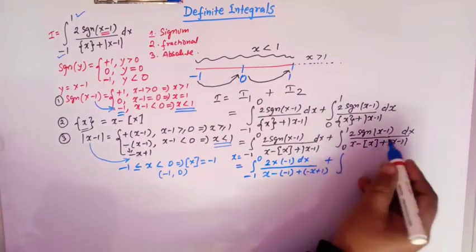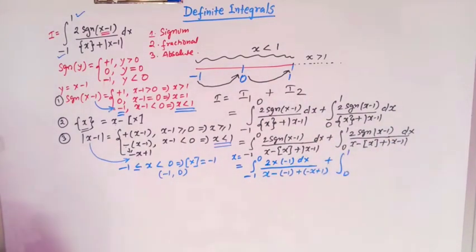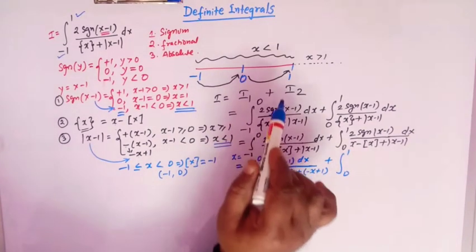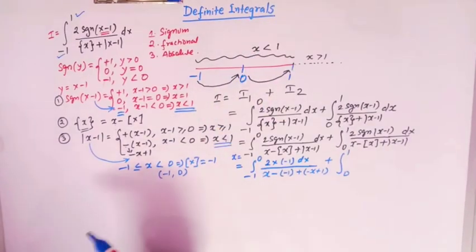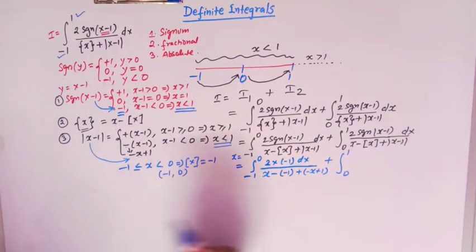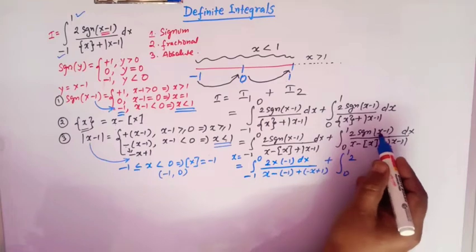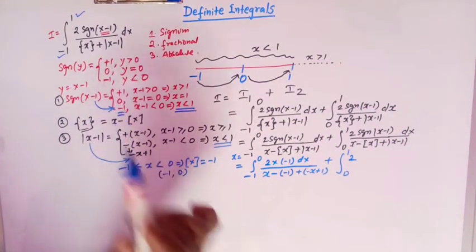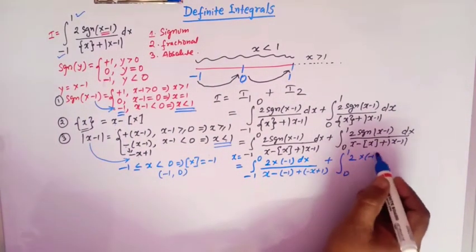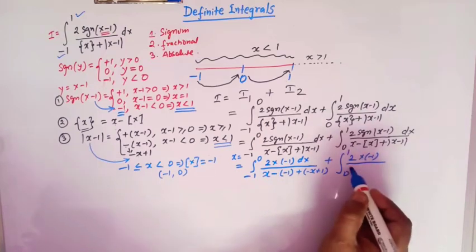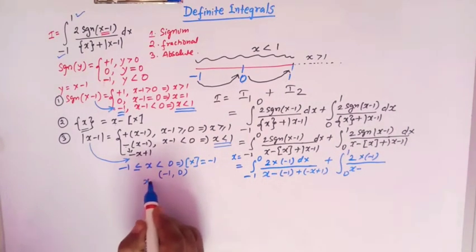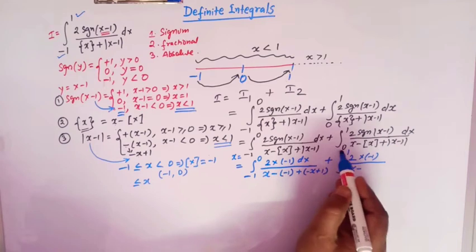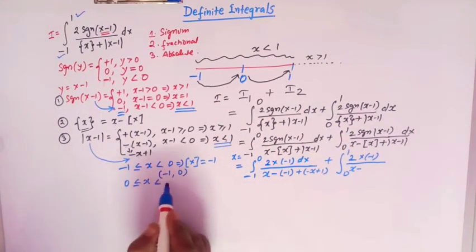Now come to the second integral. We have 0 to 1, and again we see that when we are from 0 to 1, then obviously x is less than 1. So again, for signum of x minus 1, we have here minus 1, right? And in the denominator we have x minus, and the value of greatest integer x is now, see here, x lies between 0 and 1.